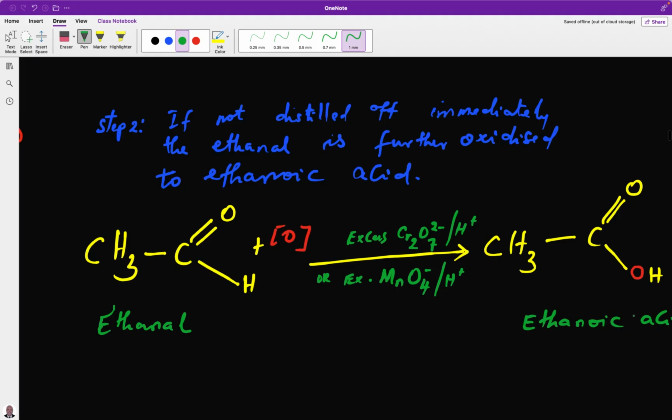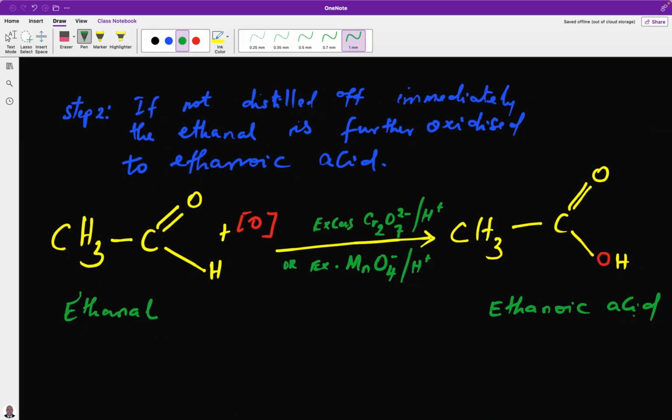So now, step number 2: if the product that is formed is not distilled off immediately, it is further oxidized to ethanoic acid. The reagent, as we said, is excess acidified potassium dichromate 6 or excess acidified potassium manganate 7. So that is the condition.